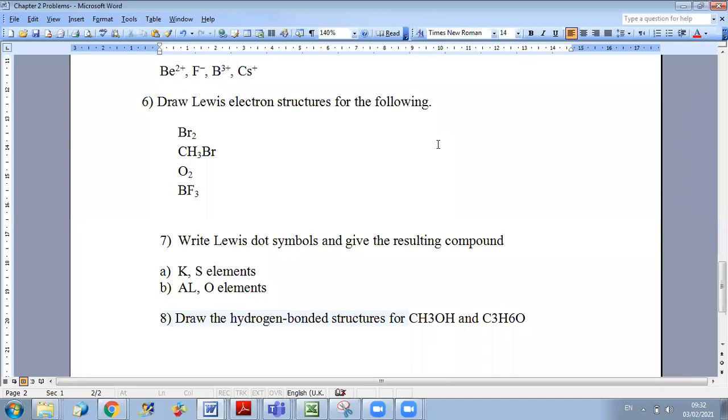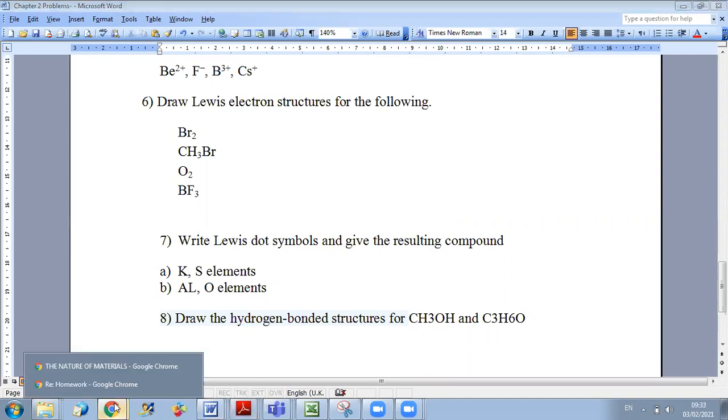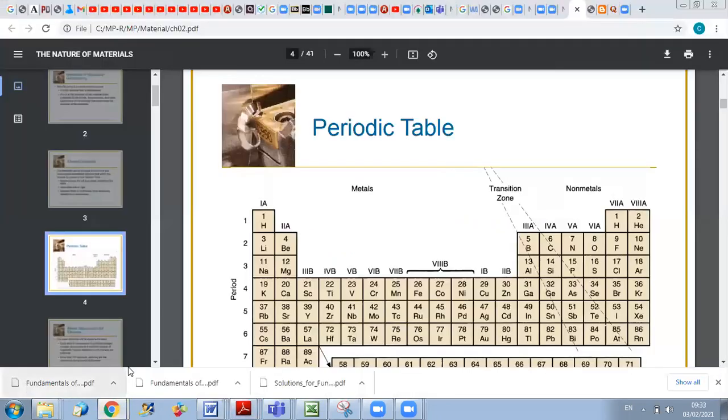As usual, I go first to the periodic table. You can see that Br is in group 7a. This means that it will have 7 electrons on its outer orbit.